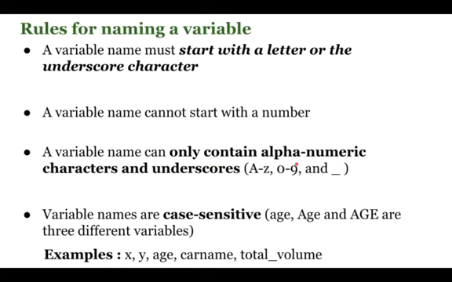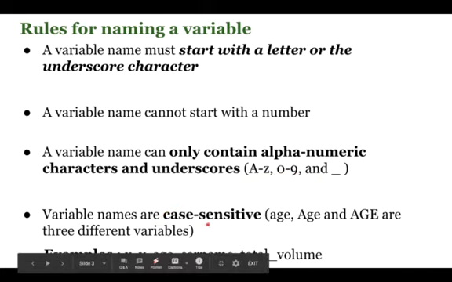Alphanumeric here means alphabets and numbers, and underscores are allowed. In alphabets, both uppercase and lowercase can be used. In numbers, 0 to 9 can be used, and in special characters only underscores are allowed. No spaces are allowed. Variable names are case sensitive.